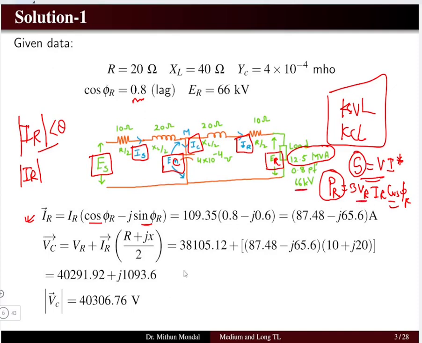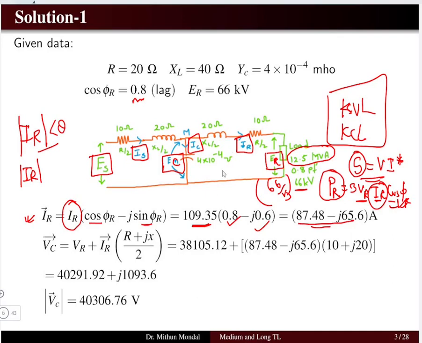This is given as the line voltage, so we can divide that by root 3 to get the phase voltage. The receiving end current we can determine, and the cos phi r value is given to us. So we get the value of IR equal to 109.35 ampere. Cos phi r and sin phi r we can compute from the power factor, and then we can get the receiving end current. This is a complex quantity.